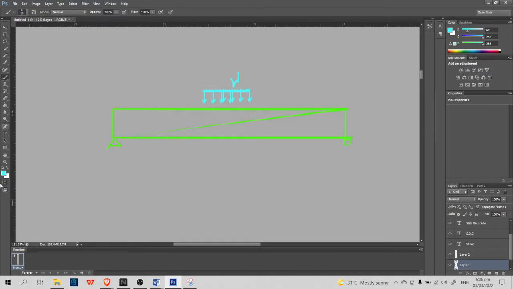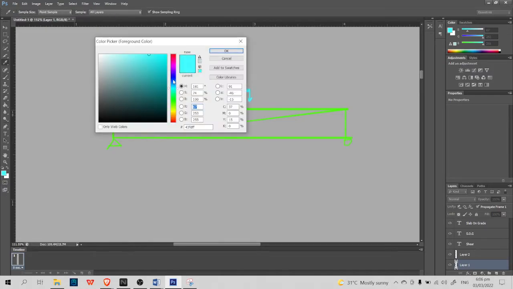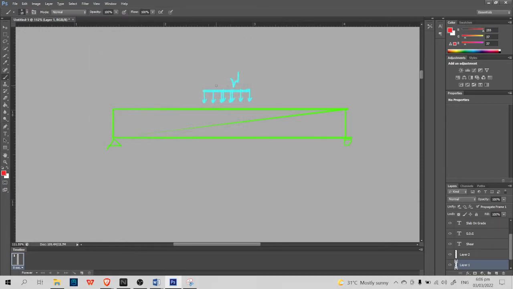Then, of course, what do you expect na dun sa beam, ano bang action yung gagawin ng beam natin? Magbe-bend, di ba? May bending na mangyayari. So, the beam will bend as a load is applied to it. Okay.